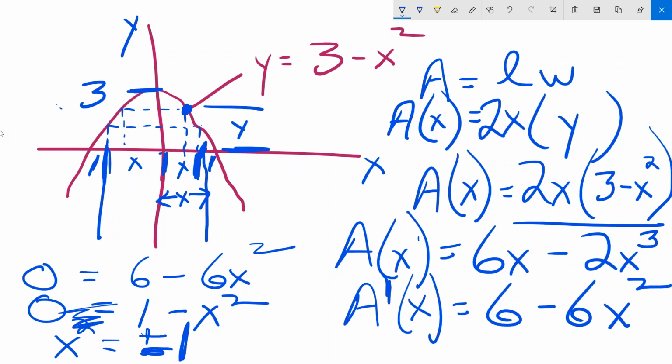Why does that bother me? Because I don't remember that being the solution to this. Must be, though. Does that mean that the length is going to be 2? Correct. The length's going to be 2, and the height is going to be 2 also.